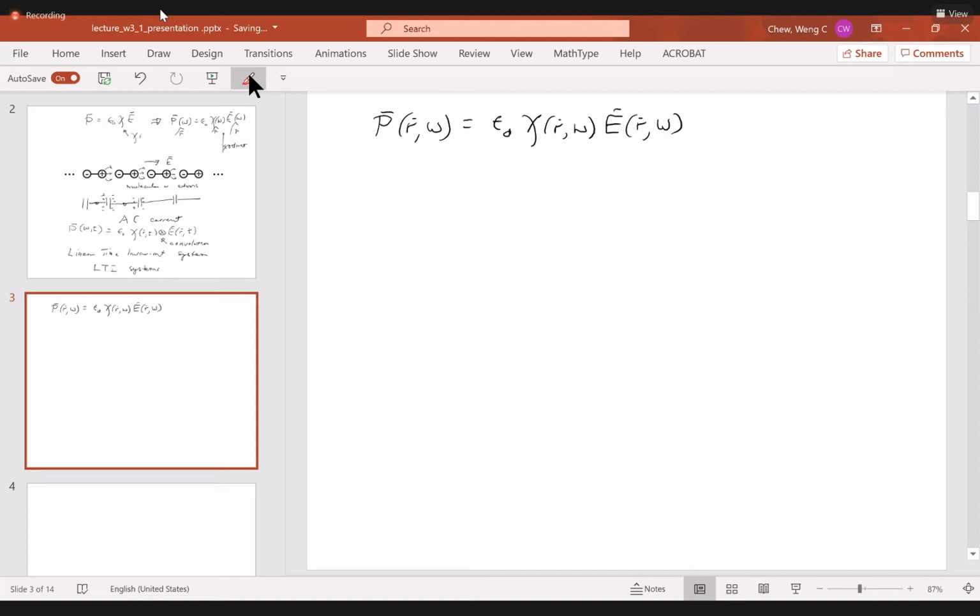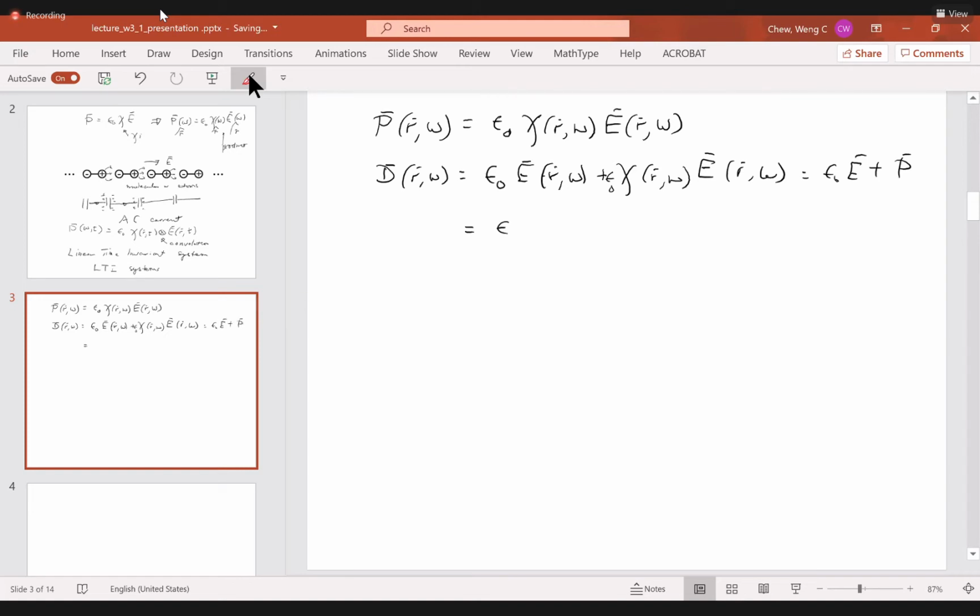Then D of r and omega would be equal to epsilon naught E of r and omega plus chi times epsilon naught of r and omega times E of r and omega, because we have used the formula that D is equal to epsilon naught E plus P. We'll just use this formula. And if you rewrite it, I can define a new constant here.